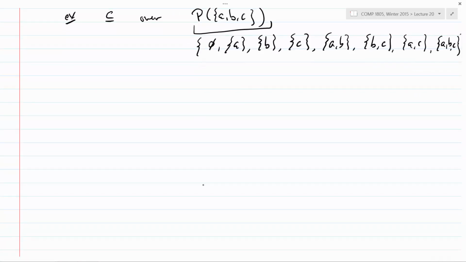So the empty set goes at the bottom. And now I look at what are all the things that are a little bit bigger than that in some sense. So what is the empty set a subset of? Well, go in order. The empty set is a subset of A, it's a subset of B, and it's a subset of C.